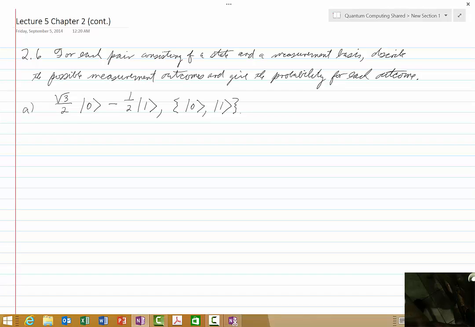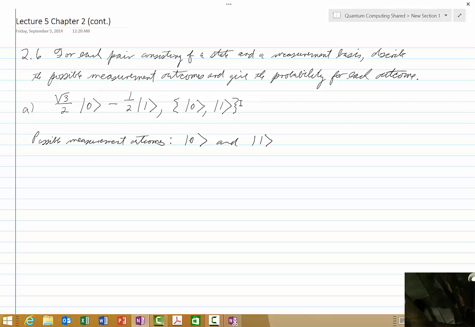The possible measurement outcomes are simply the states in the measurement basis. So in other words, 0 and 1. Those are the possible outcomes that we can have when we perform this measurement with this measurement basis.